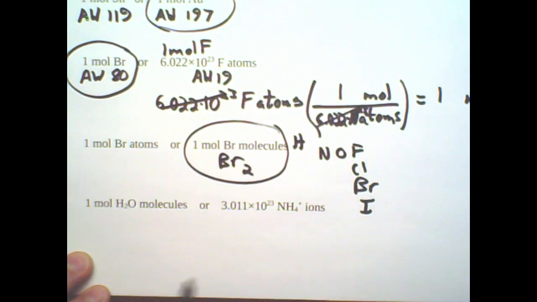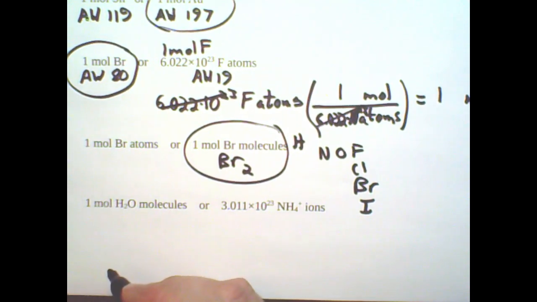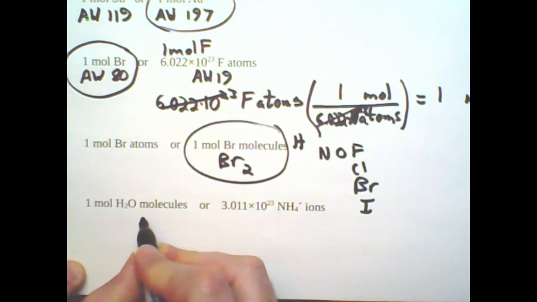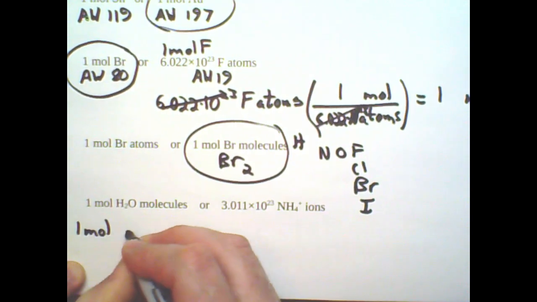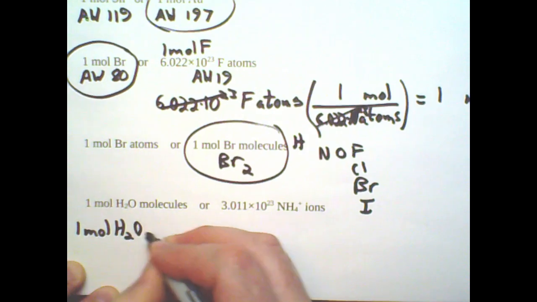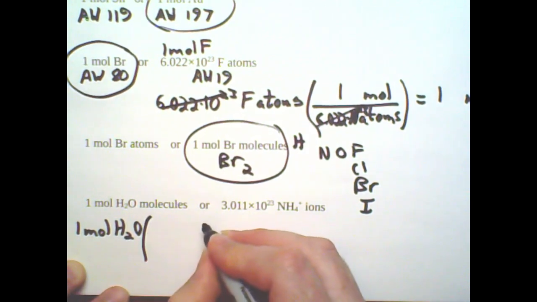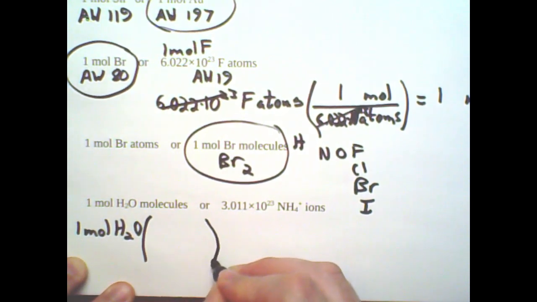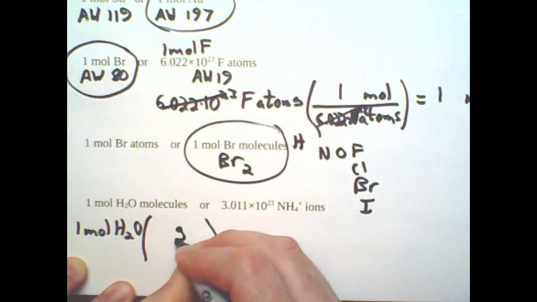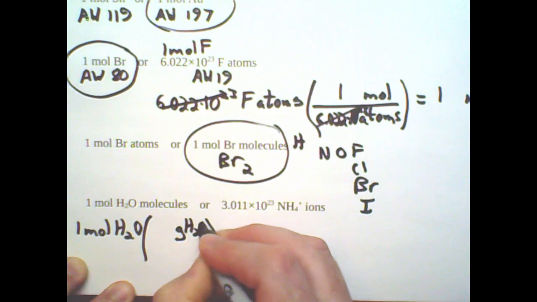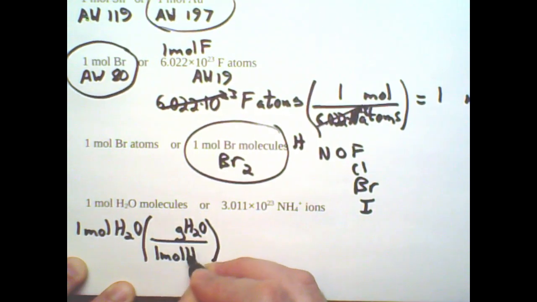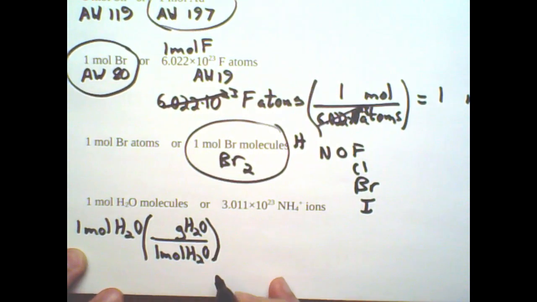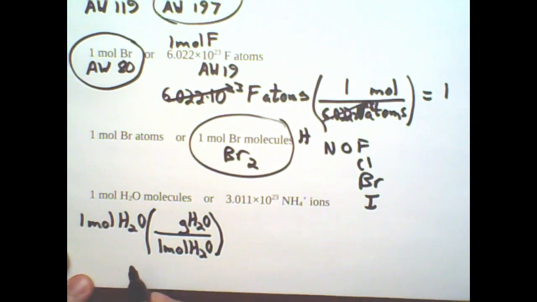Let's go to the last one. If you look at, you want to figure out the mass of H2O. So I'm going to take 1 mole of H2O, and I need to know how many grams of H2O there are in 1 mole of H2O. I can get that from the atomic weights.